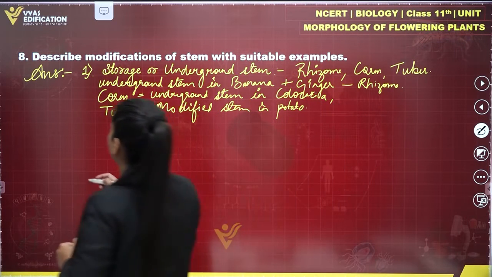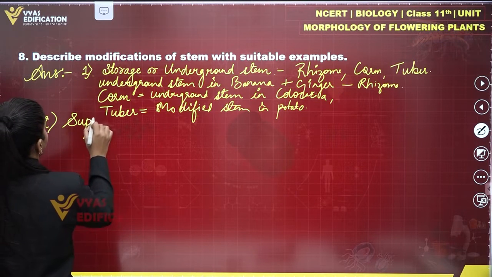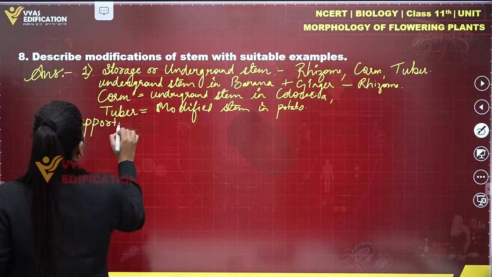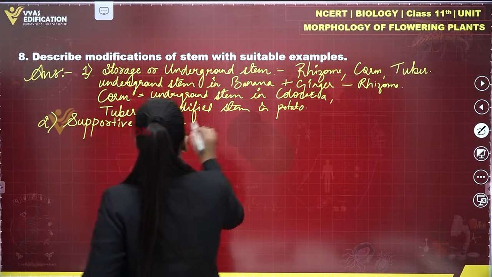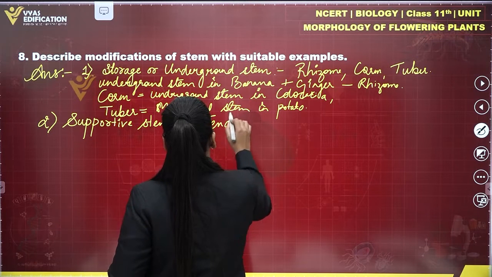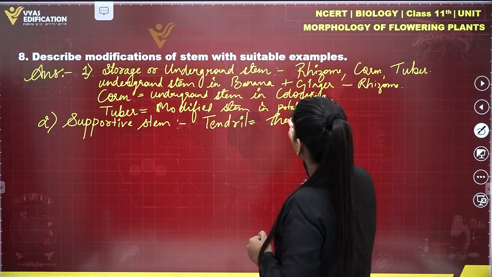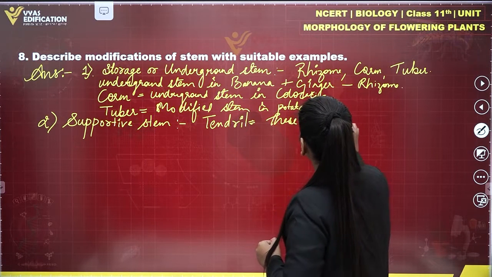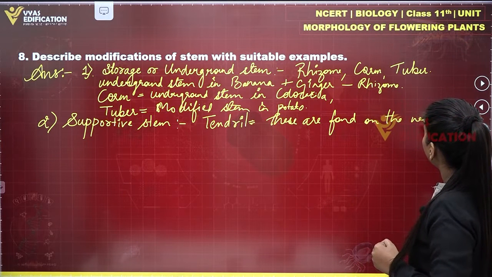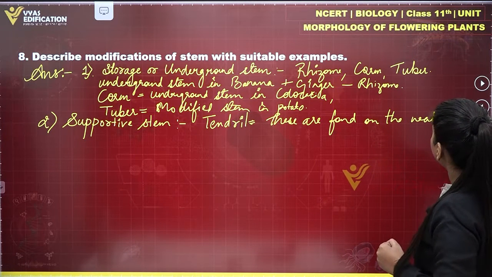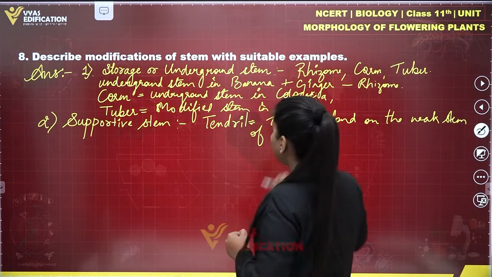Then we have next modification of stem, which is supportive stem. In this we have example tendril. So first of all, these are found on the weak stem of a plant. But what is tendril?